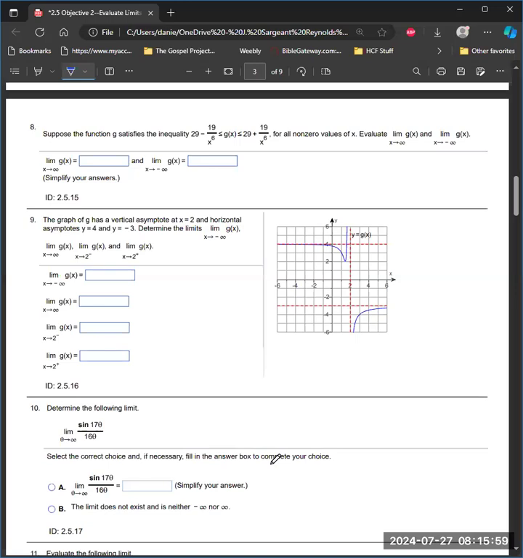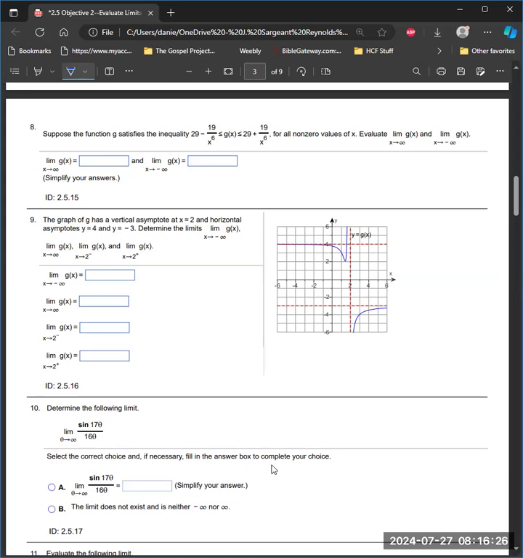Suppose the function g satisfies the inequality 29 minus 19 over x to the sixth is less than or equal to g is less than or equal to 29 plus 19 over x to the sixth for all non-zero values of x. Evaluate the limit going towards positive infinity and the limit going towards negative infinity.